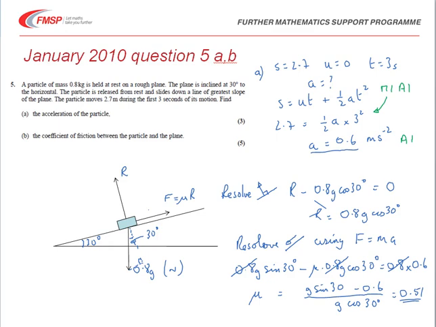In the second part of the question, 5 marks available. There's a B mark for getting the value of R here. So that's just a known method required just to get that R is 0.8 g cos 30. There's another B mark for using F equals mu R. So I beg your pardon, the B mark is up here for using F equals mu R and getting the correct value.